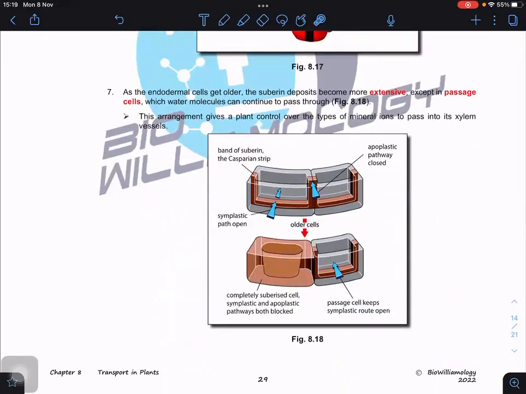Now, the thing here is that as this endodermal cell gets older and older, the suberin deposition becomes more extensive. Just now I said the apoplastic pathway is blocked by this brown suberin, so only the symplastic pathway is open. But sometimes these Casparian strips, the suberin, continue to develop and then fill up all the cell wall.